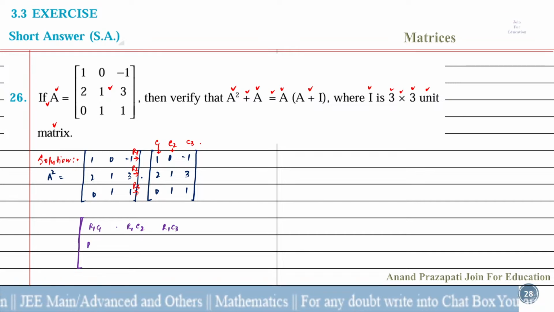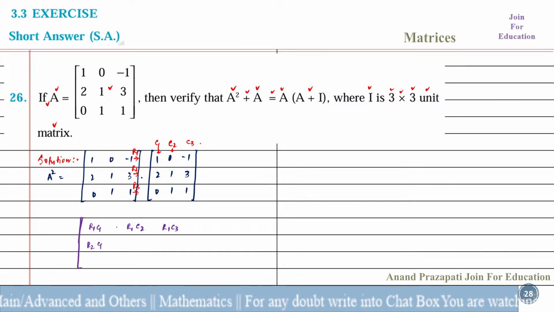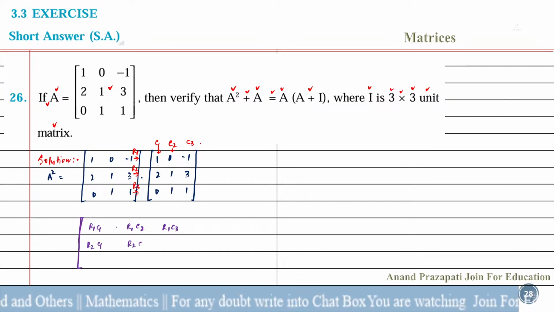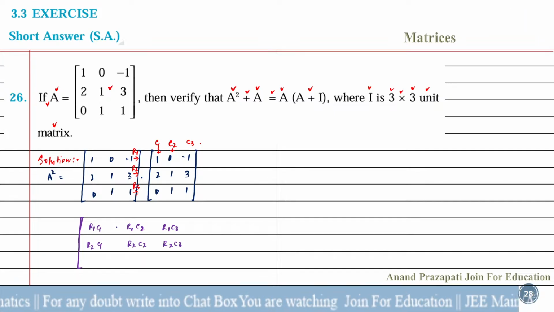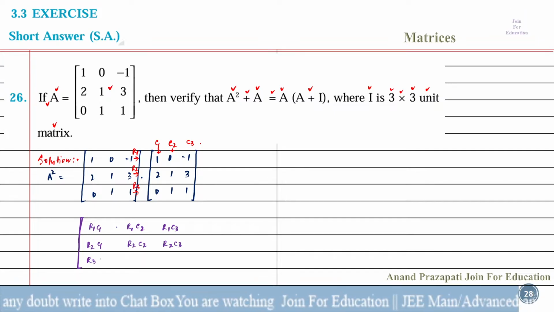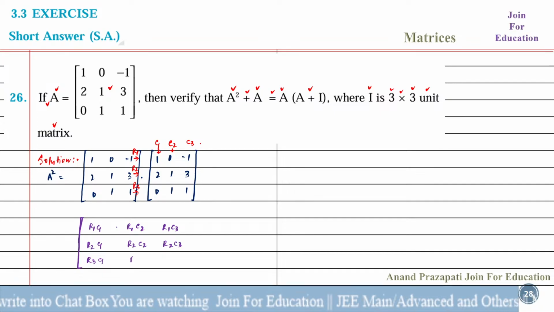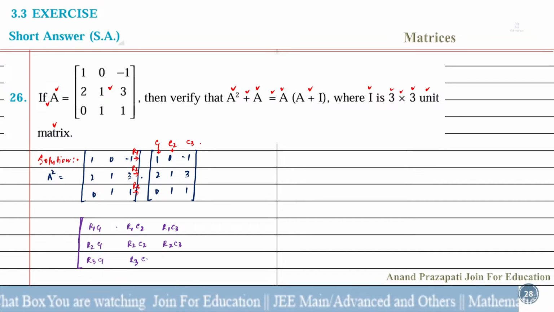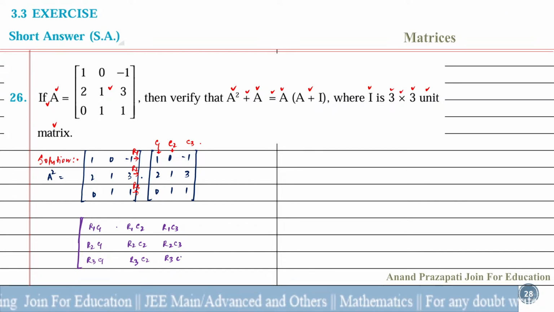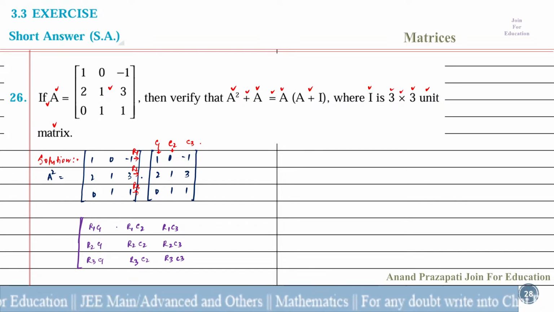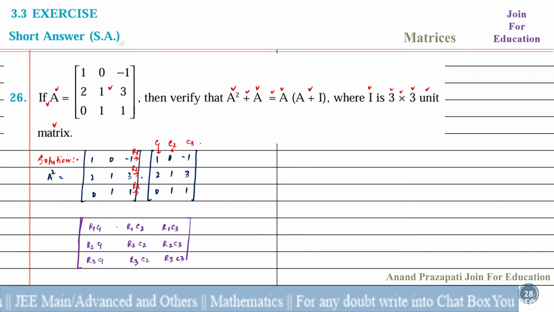Here will be R2 into C1, R2 into C2, and R2 into C3, and here will be R3 into C1, R3 into C2, and R3 into C3. There is no problem to understand up to this step.